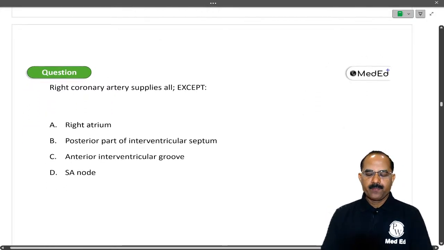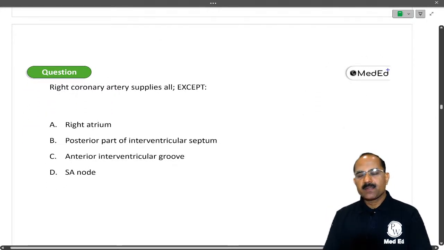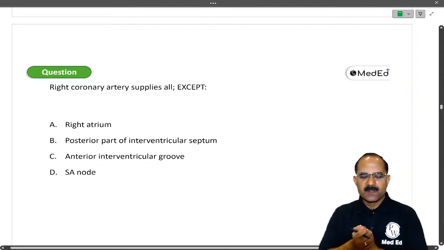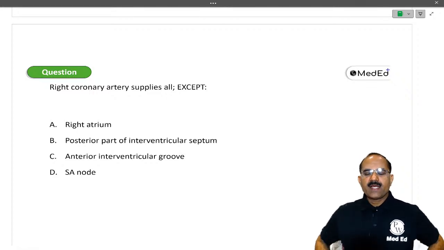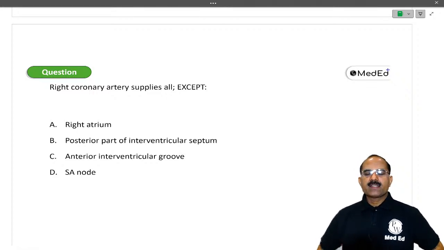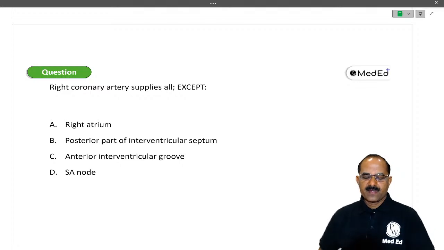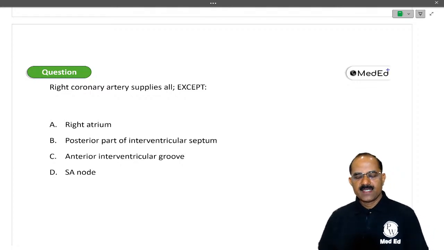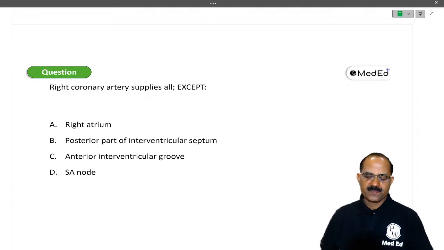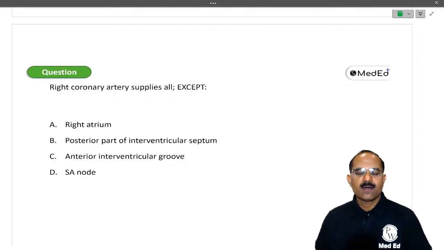चलो answer this. The right coronary artery supplies all except. Any guesses? हाँ अपेक्षा बोलो बच्चा.